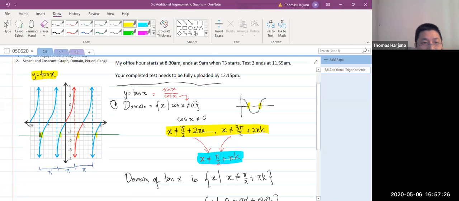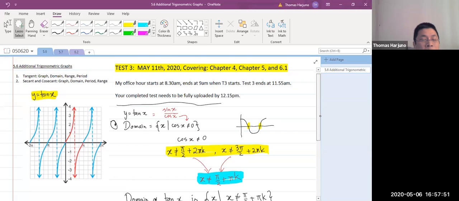Whatever answer you get here, plus pi you get this, plus pi you get this, plus pi you get that. Now that's what it means to be the period, the cycle. The graph repeats the same pattern every pi, not every 2 pi like sine and cosine, no, it's every pi.